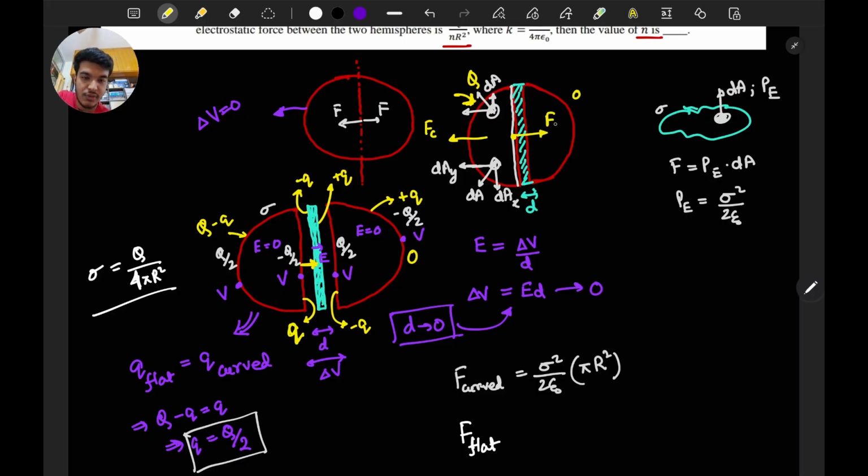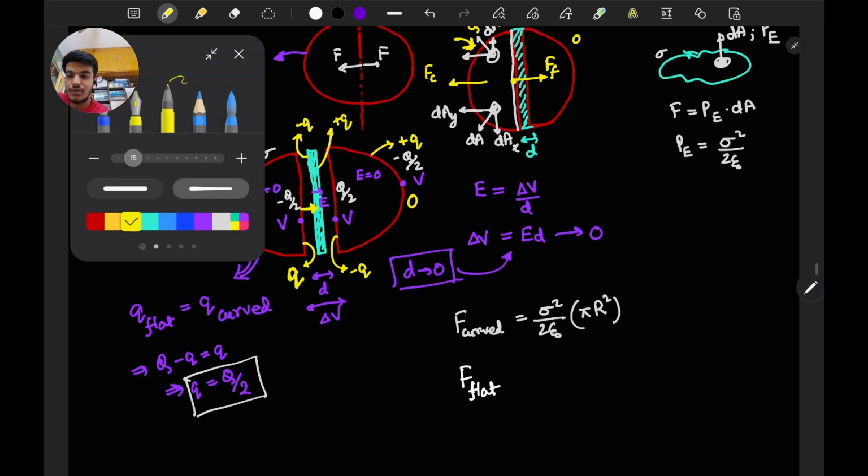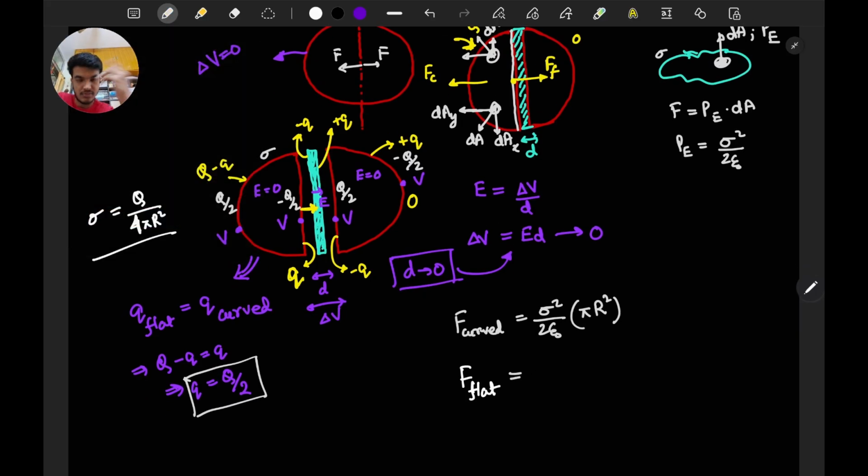This would be the force of the flat surface in this direction, F flat, and it would be basically equal to the way we write the force for a capacitor. It would be just the same way. I can write like this. So my sigma here is q by 4 pi r square. So it is 8 pi r square epsilon naught into q by 2.